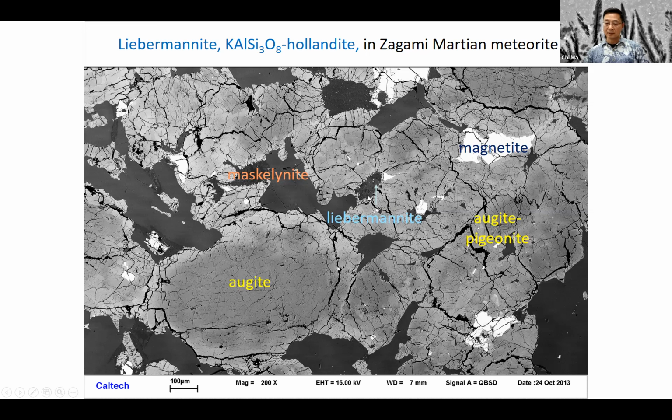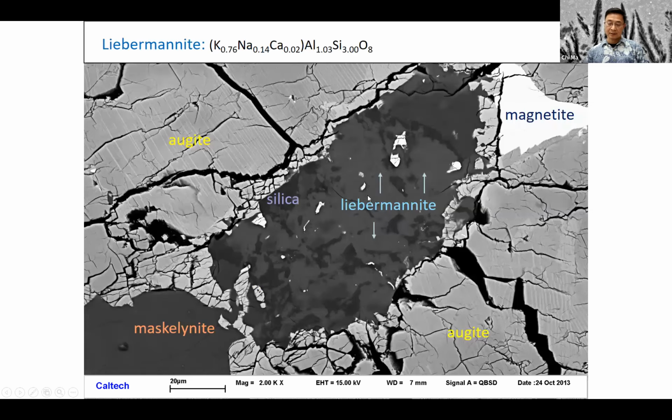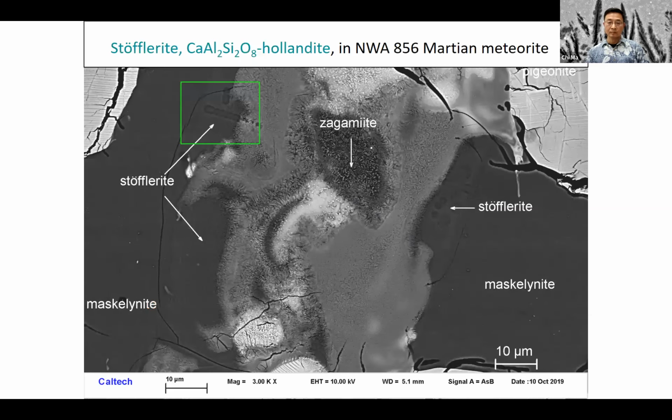It occurs here. Now zoom in. This is the type liebermannite here with minor silica. Next one, stishovite. No, next one, stöfflerite. Stöfflerite has an anorthite composition with a hollandite structure. It was first discovered in this martian meteorite.